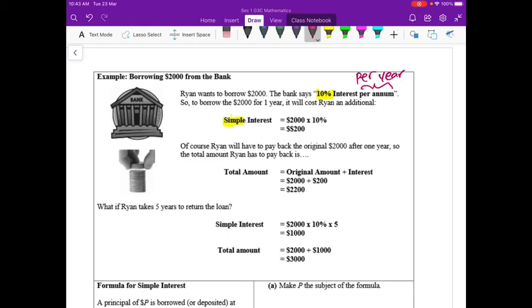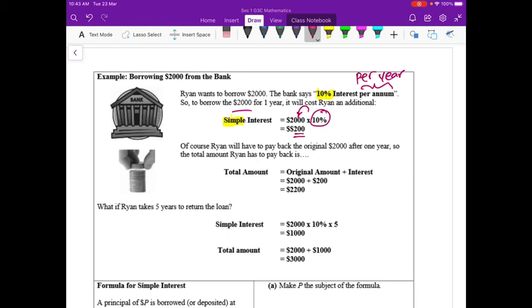10% interest per year. The more you borrow, the more interest you have to pay, because it is 10% of whatever you borrow. So for the $2,000 that Ryan is borrowing, he needs to pay an interest of 10% of the principal. The principal is the amount that he borrowed. So he needs to pay extra $200 after 1 year.